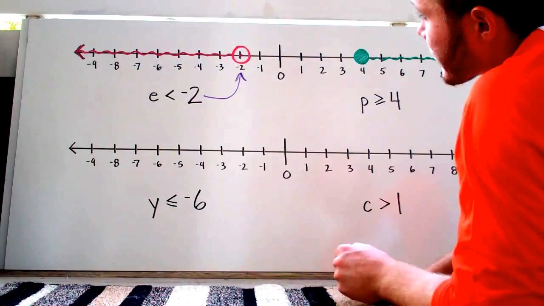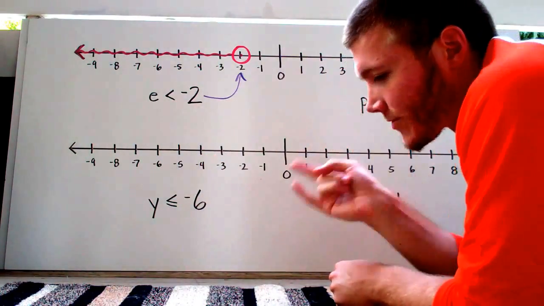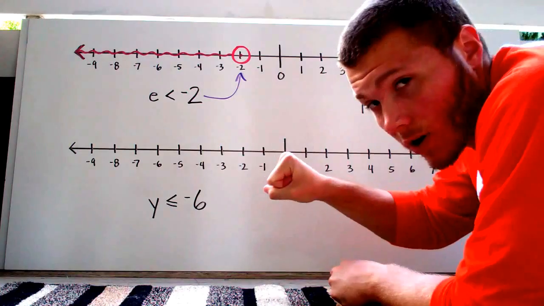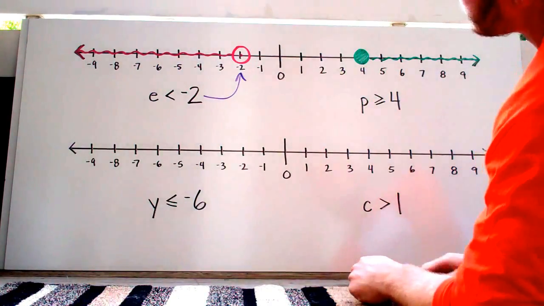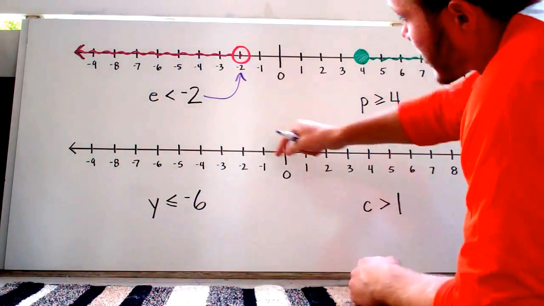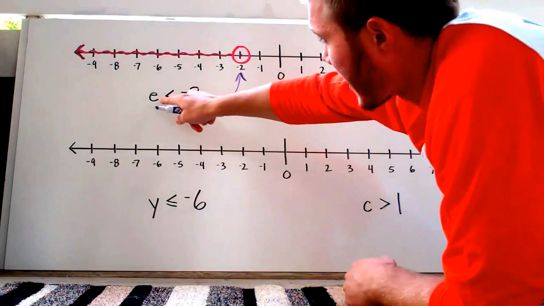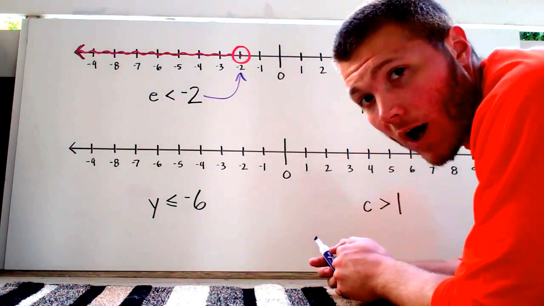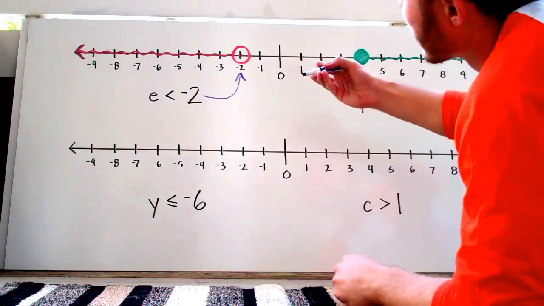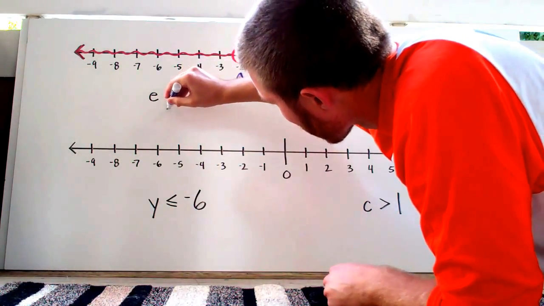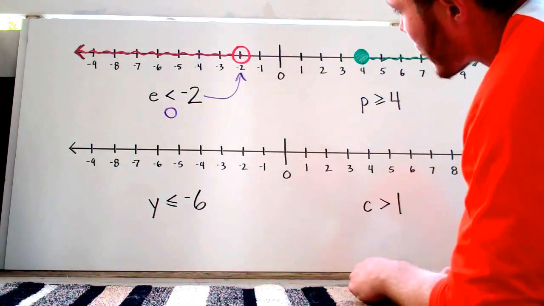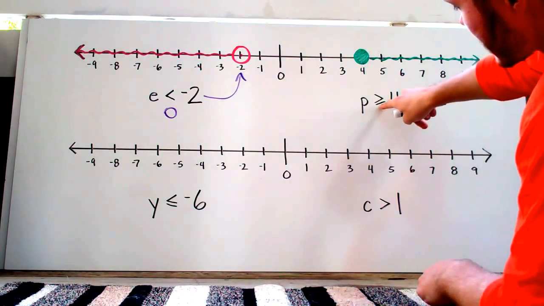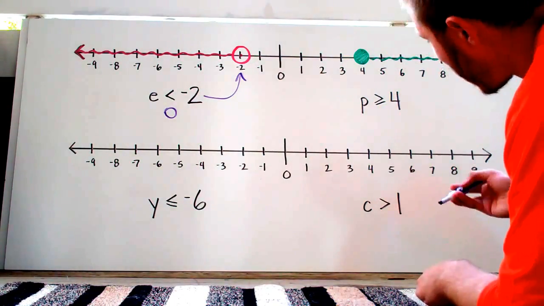Now, there are two types of dots you're going to draw. Either an open dot or a closed dot. Whenever, class, you have a sign like this that doesn't have that equal sign underneath, okay? You're going to use an open dot. Whenever you see an inequality sign like this, you're going to use a closed dot.